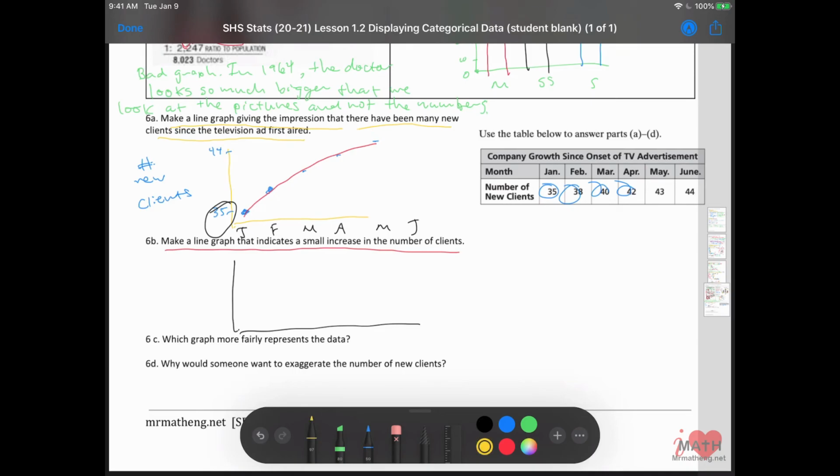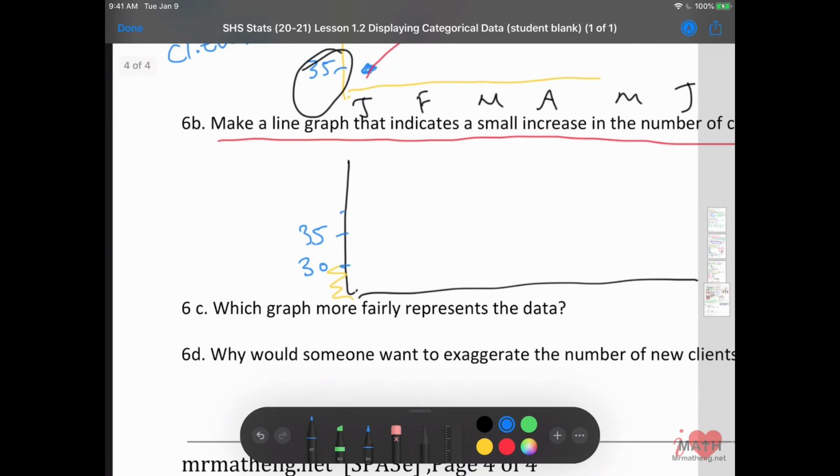So let's say you do put the break in there, and instead of there, you just start at 30, 35, 40, and 45.